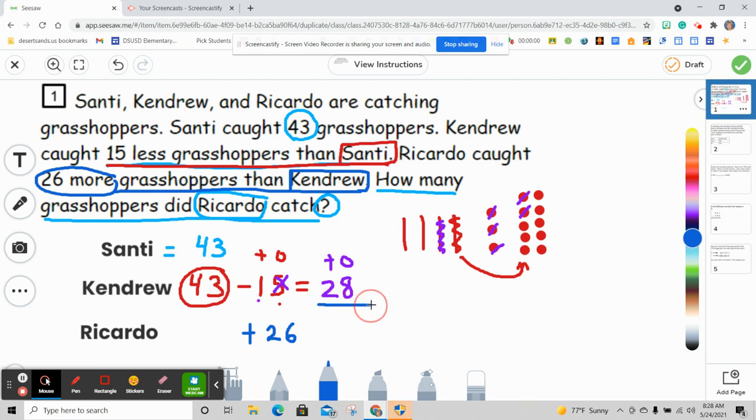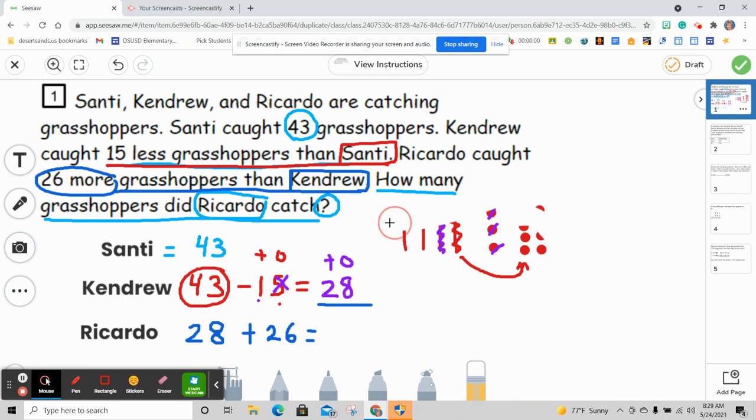So the answer for Kendra was 28. So I moved that 28 over here to the front of my number sentence for Ricardo. And in order to find out how many grasshoppers Ricardo found, I have to add 26 to what Kendra had. So that's 28 plus 26. So I'm going to erase this picture so that I can draw my next picture. This is step number 2.